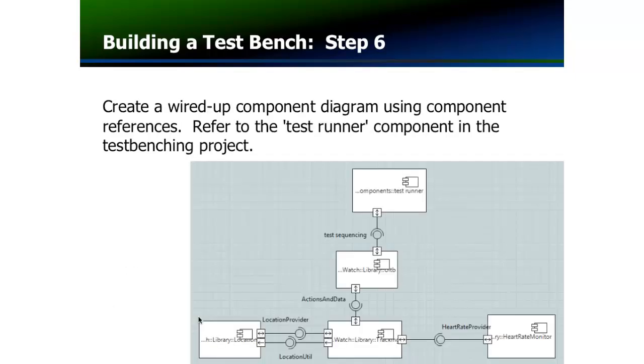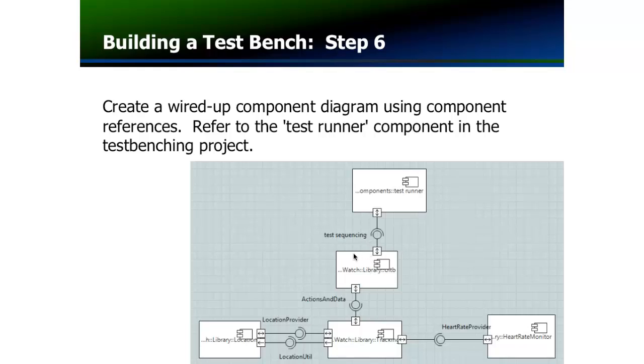Okay, so now you will have a test bench component that has a test case in it that is capable of driving messages across a lower interface into the rest of the application. So now it's time to wire that test bench into a test configuration in a component diagram.